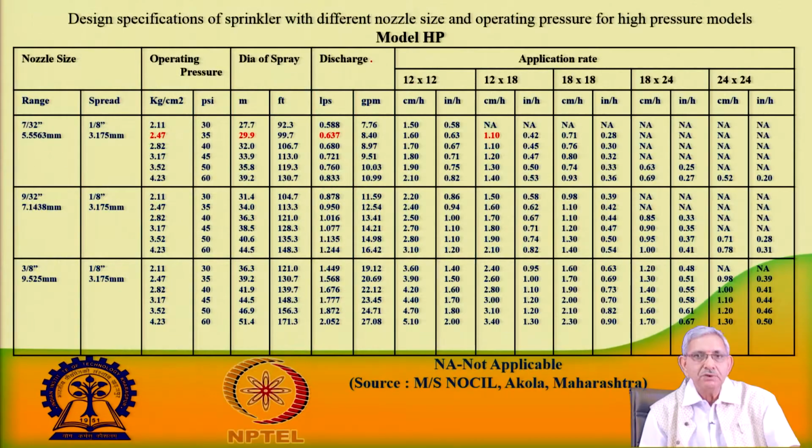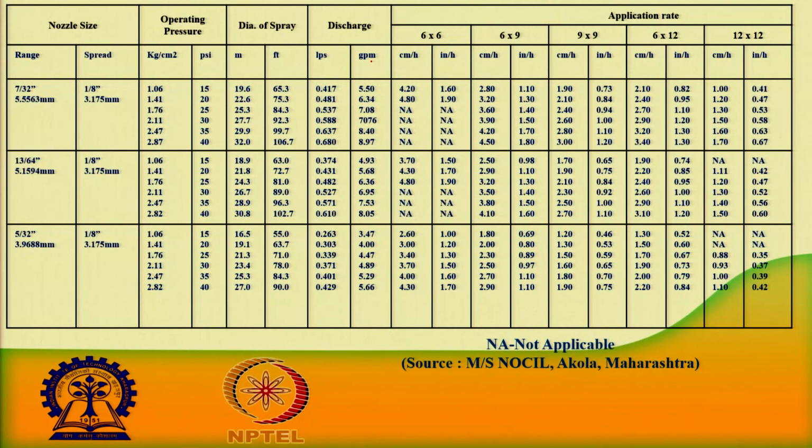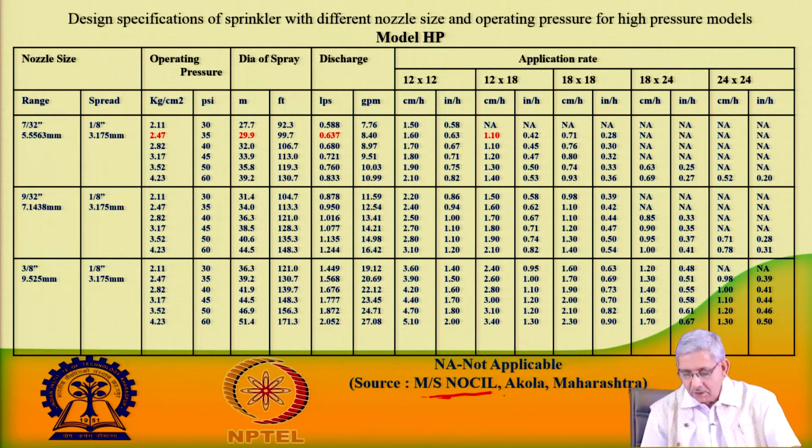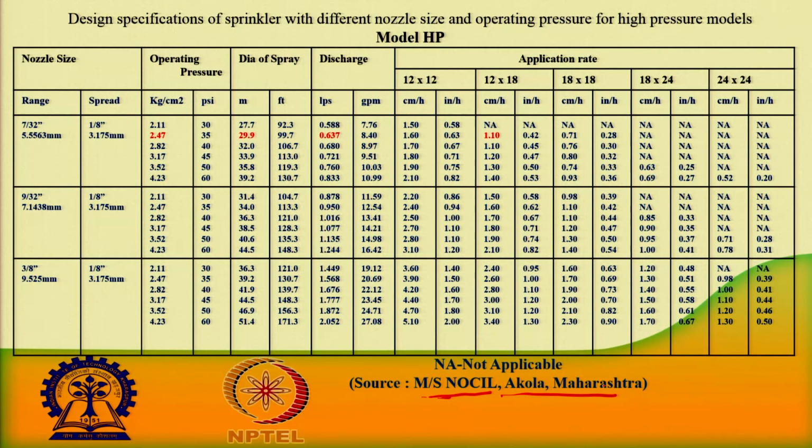Let me just show you the chart. So, this chart is available here. Here there are 2 models, and this particular model we are taking the data from is from MS Nosil. This is the company whose sprinkler system I used in my area.